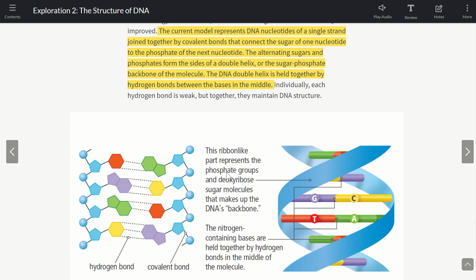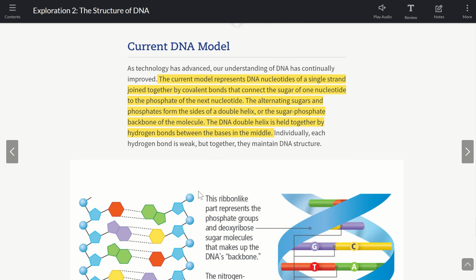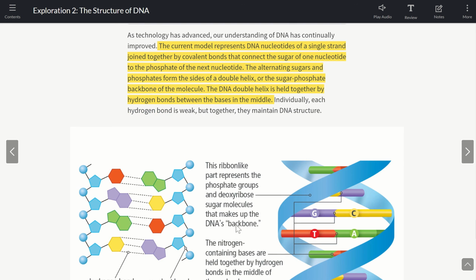So the bonds that exist between these two nucleotides, between that phosphate and that sugar, phosphate and sugar, those bonds are very strong, not easy to break that way, okay? But each strand of DNA is connected to the complementary strand by something called a hydrogen bond.